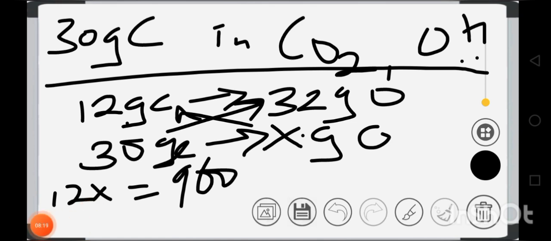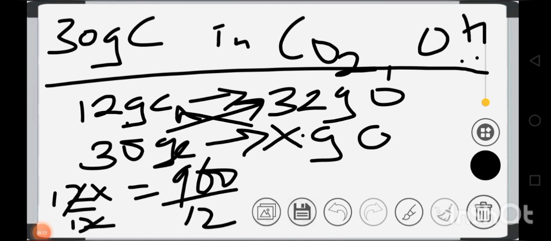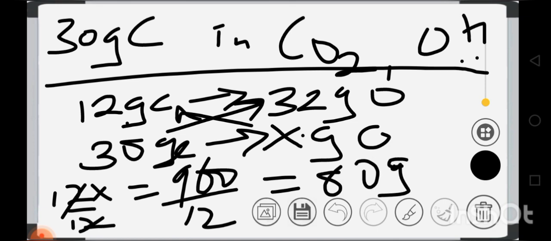Divided by 12, x is going to be equal to 960 divided by 12. So we are going to have 80 grams of oxygen.